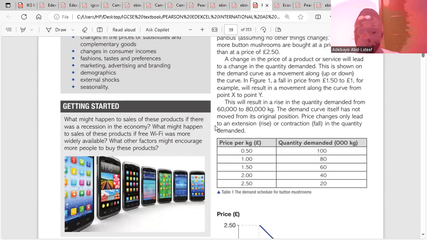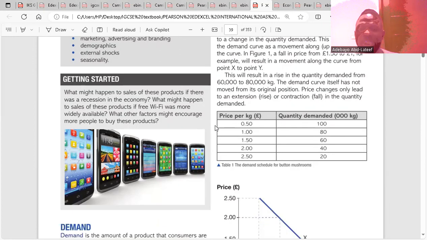So here we have a demand schedule, with different price levels and the quantity demanded at each level. For 0.5, it is 100,000 kg, at 1, 80,000 kg, at 1.5, 60,000, at 2, 40,000, at 2.5, 20,000.